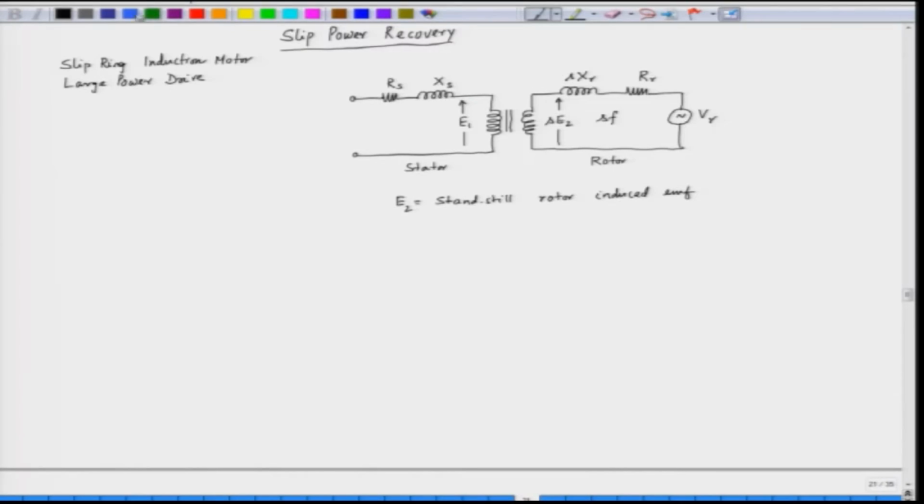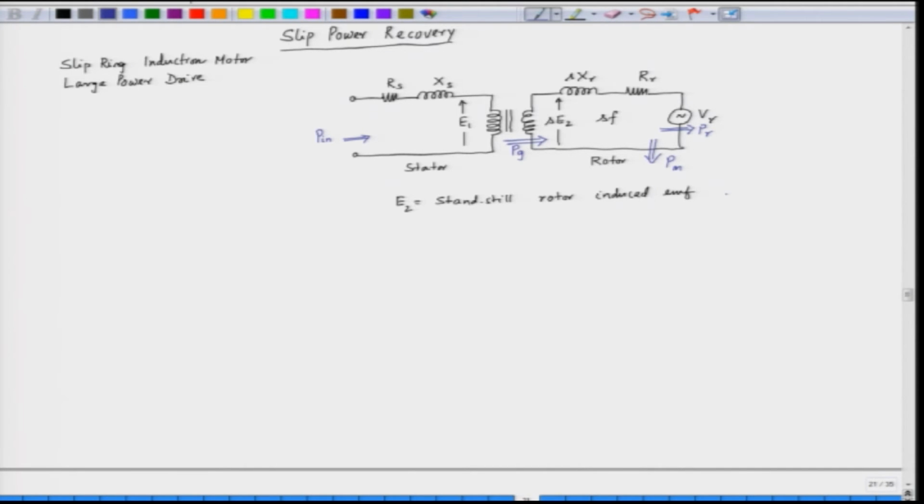So, the power flow will be of this sort. We have the input P in, and the power which is crossing the air gap is called the air gap power Pg. The power which is converted to mechanical power is Pm, and the power which is absorbed by the source VR, that is the slip power, is Pr.